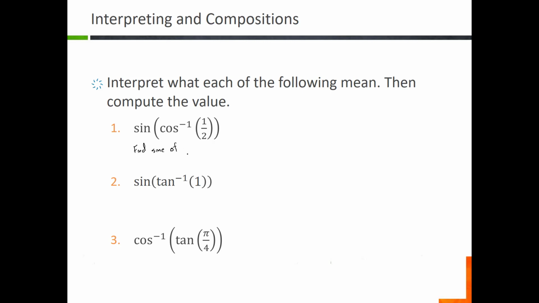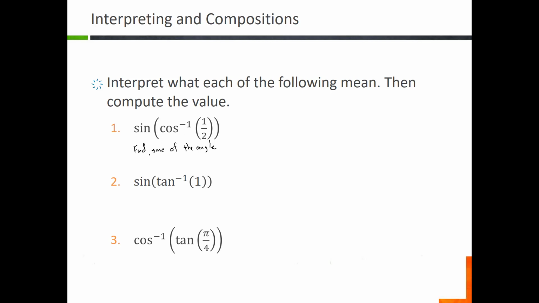So we want to find the sine of the angle. Now inside we have this inverse cosine. Well, remember, what does inverse cosine represent? It means we're trying to compute an angle. So I'm trying to find the sine of the angle. Well, that angle has a cosine of half.